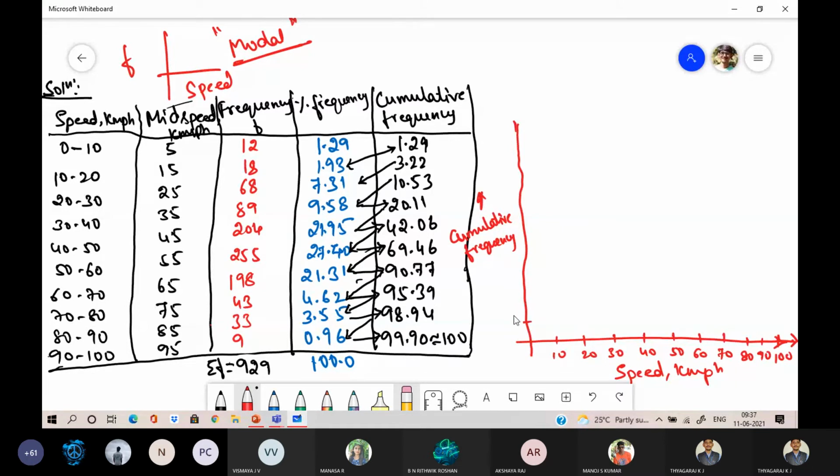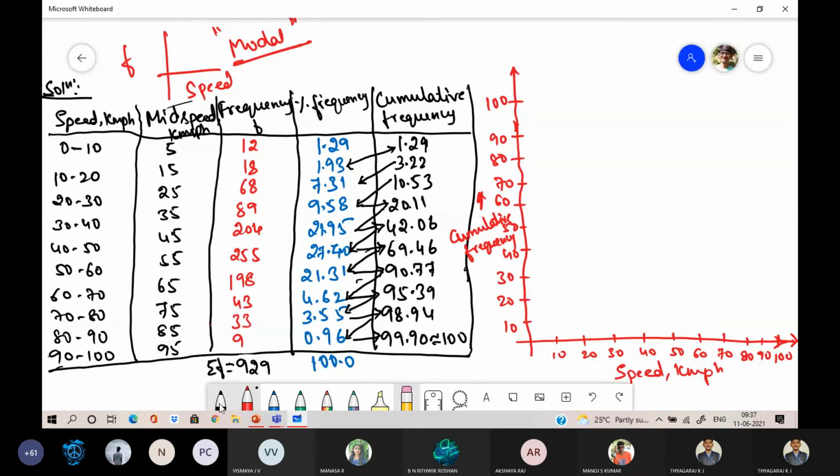So I will consider what the maximum is. We have to take up to 100. So 10, 20, 30, 40, 50, 60, 70, 80, 90, 100.